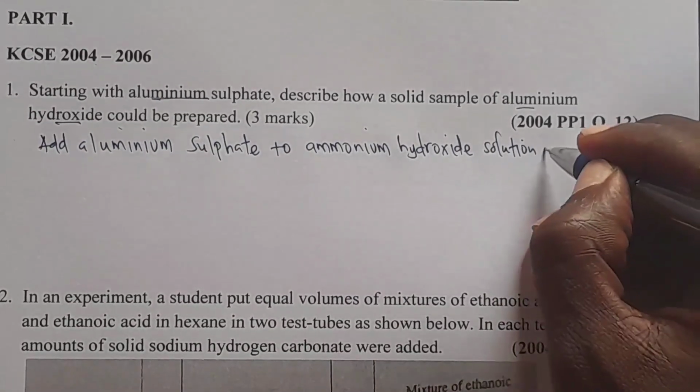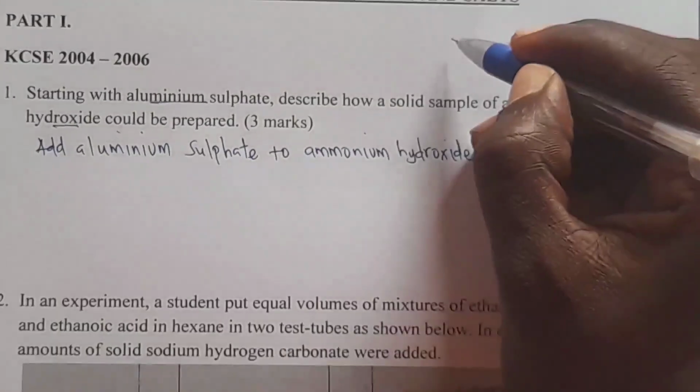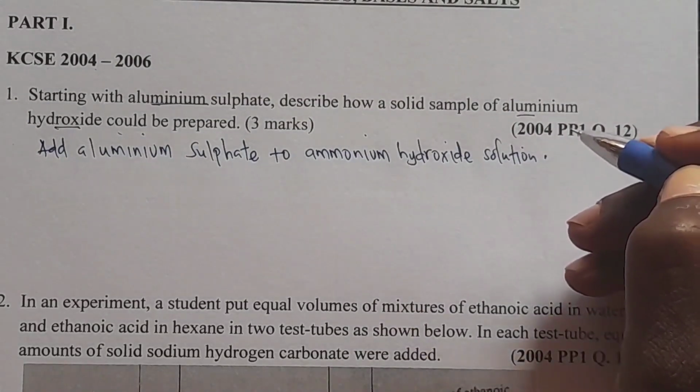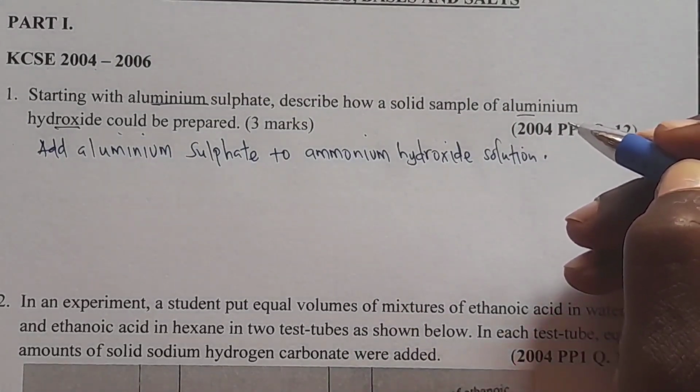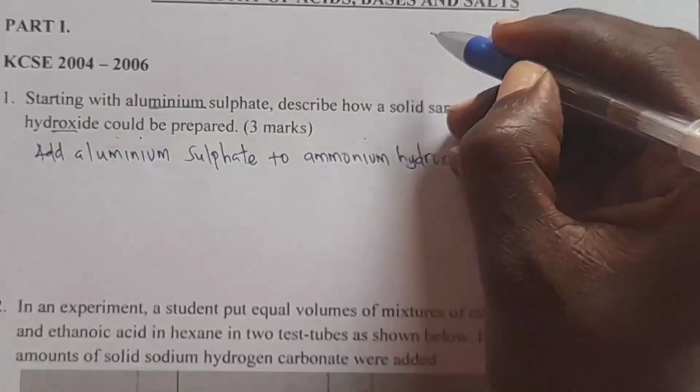Full stop. This is a precipitation reaction, because when you take aluminum sulfate and react it with ammonium hydroxide solution, what you are going to get will be ammonium sulfate and also aluminum hydroxide. Let's just see here.